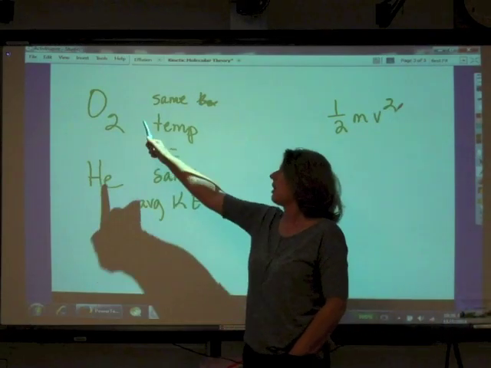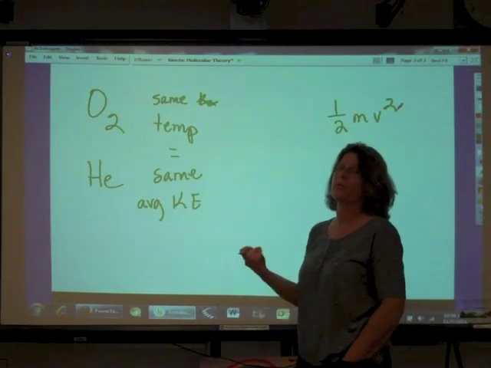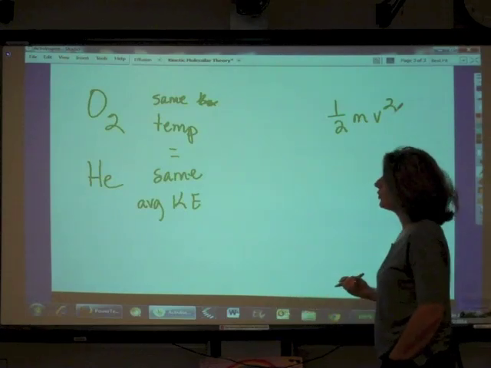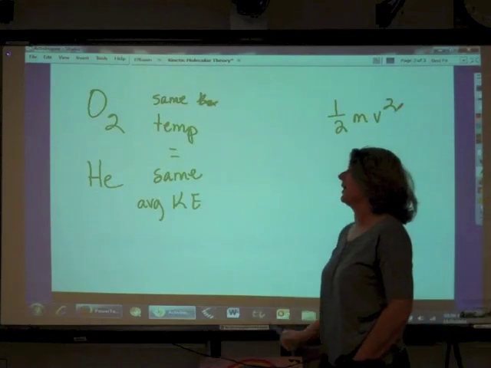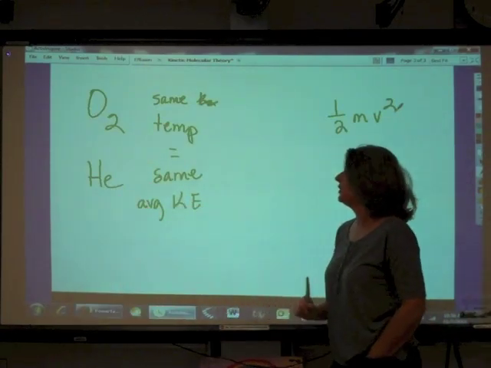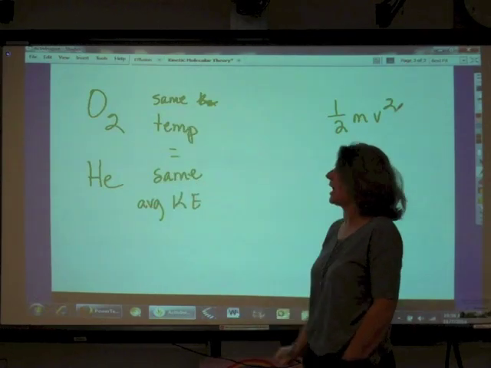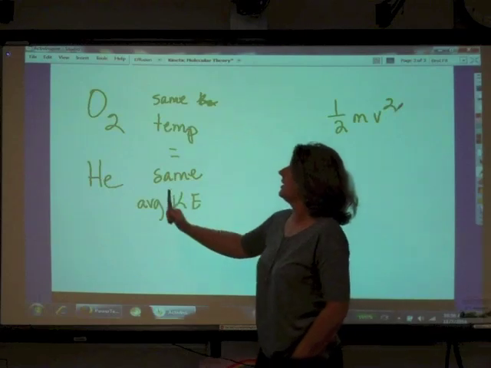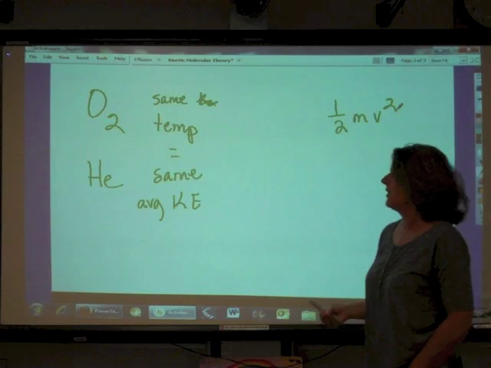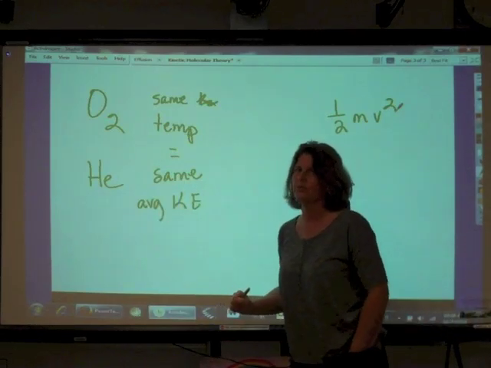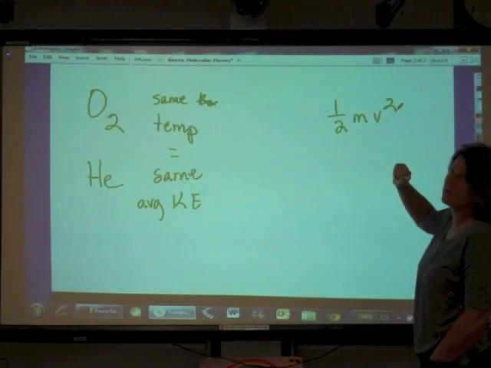So, because oxygen is a more massive molecule, it has a greater molar mass, its particles are moving slower than the particles of helium. So, two gas samples, they're at the same temperature. That means they have the same average kinetic energy. The oxygen molecules have a slower velocity than the helium molecules. Okay? Greater mass means they're going to have slightly lower speed.